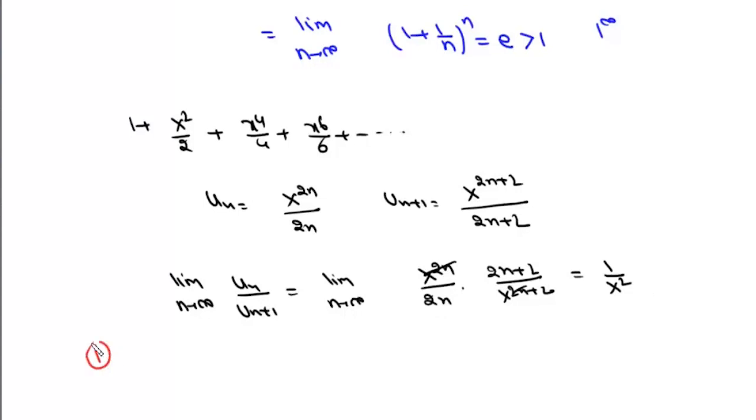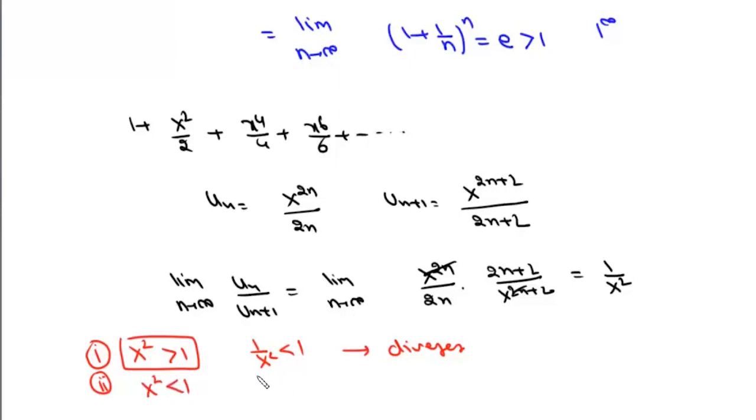Now if x square is greater than 1, then 1 upon x square will be less than 1. In that case, this series diverges. So this is the case for divergence. And if x square is less than 1, then 1 upon x square will be greater than 1. In that case, this series converges.